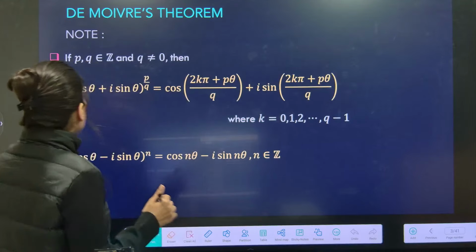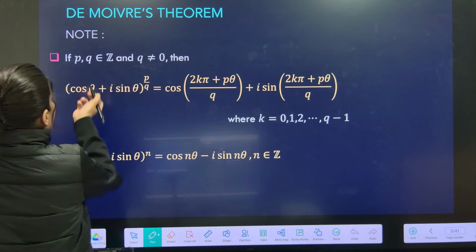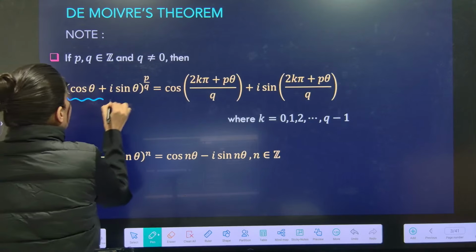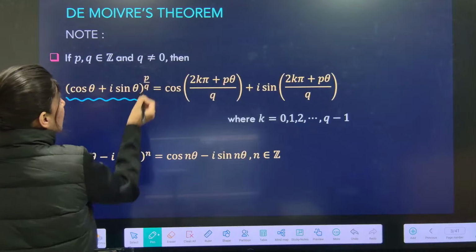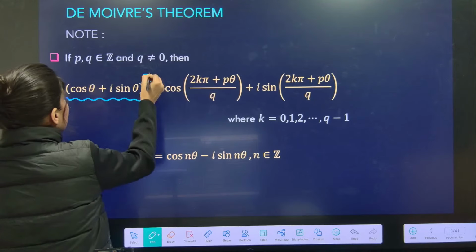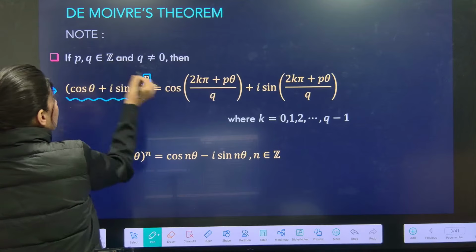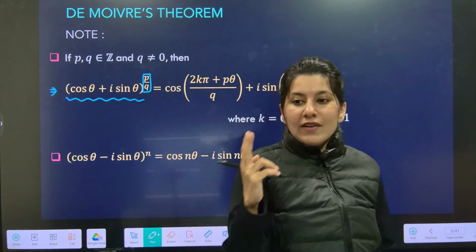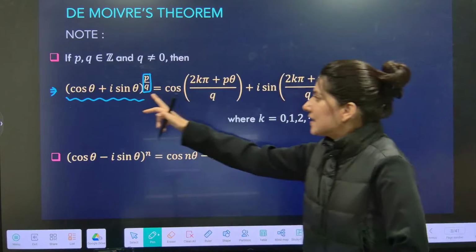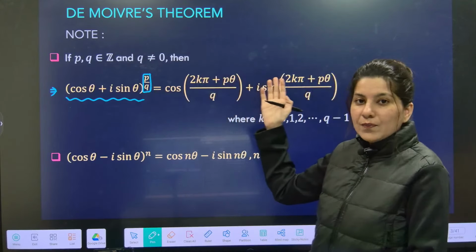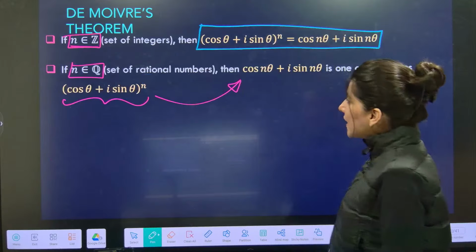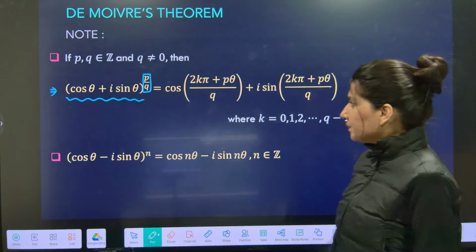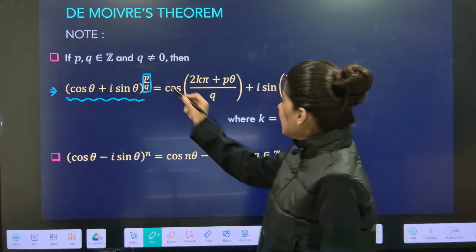Now see, again, if this is given, (cos theta + i sin theta)^(p/q). Here, p/q is a rational number. So p and q are integers, but p/q is a rational number. So remember that second thing: (cos theta + i sin theta)^n is equal to this, one of the values. Now understand this p/q.